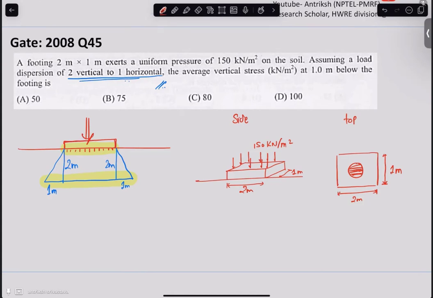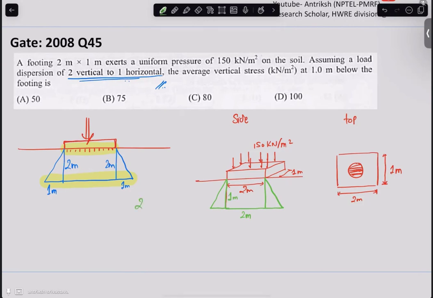So you see here we have 2 meter. Let's go down by 1 meter. We will have this 2 meter by default of the footing size, but then it will increase by some amount in the horizontal direction. How much will that be?